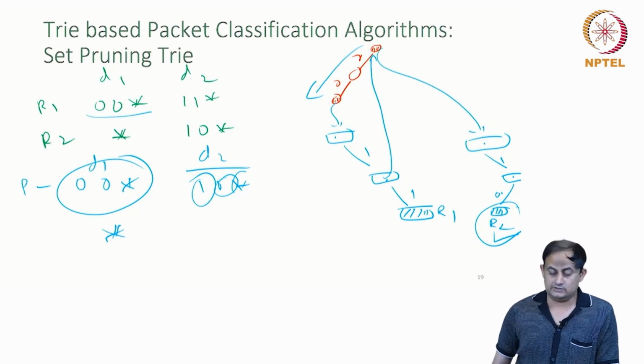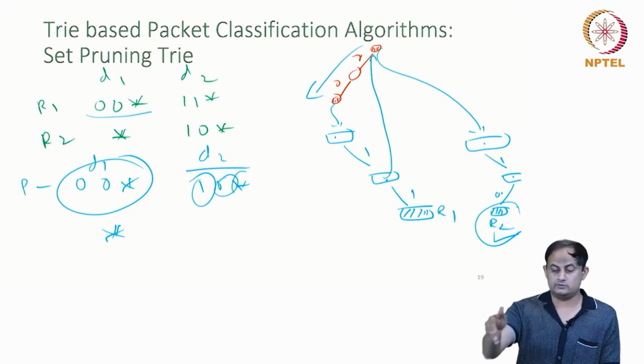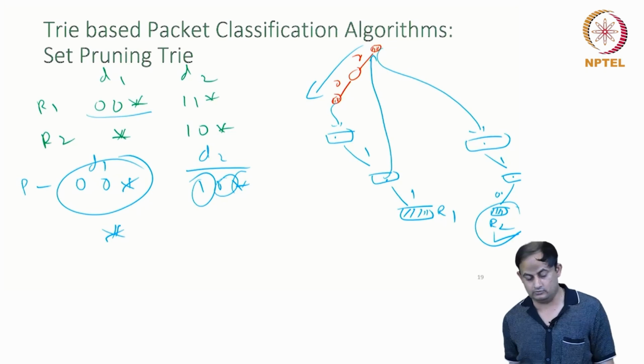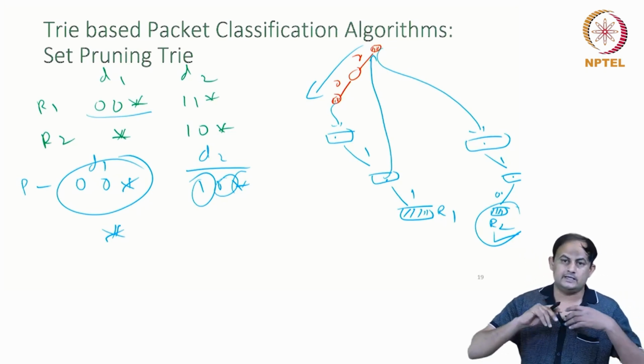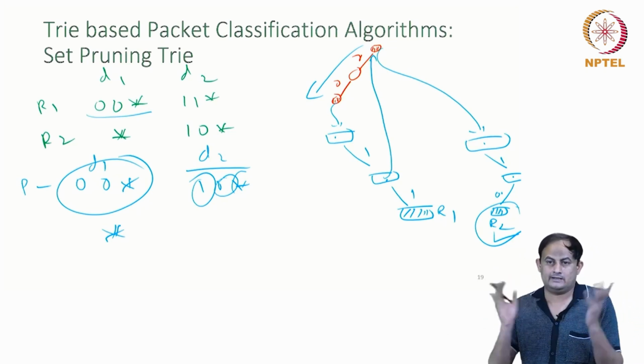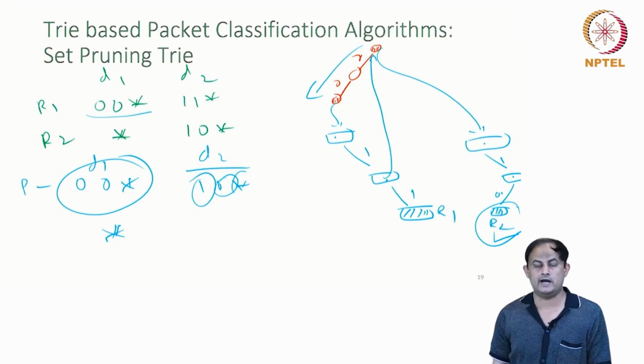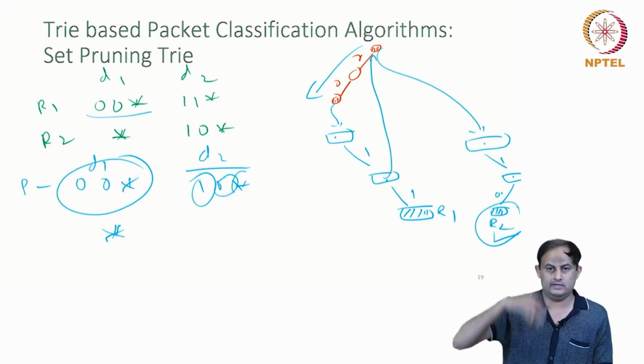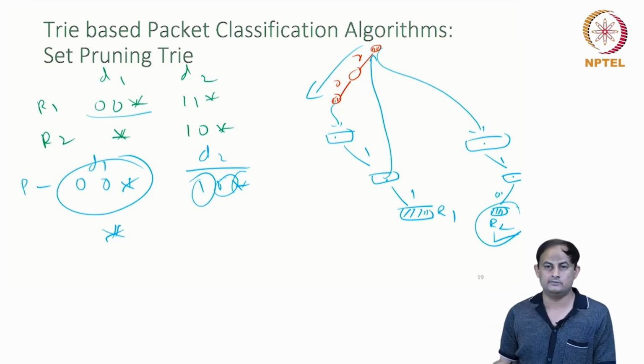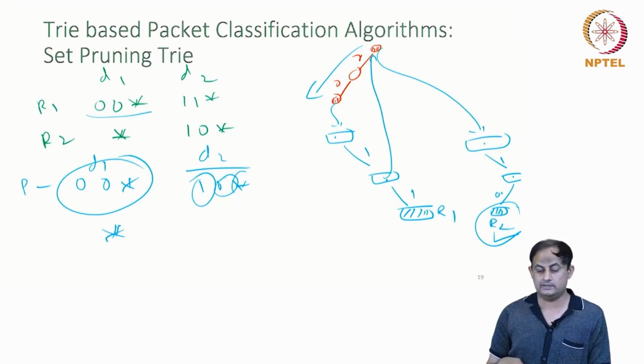Now this requires backtracking all the way from this node to the root node. Let's say I don't want to do the backtracking, which is what adds complexity to my hierarchical tree. That's why the lookup operation at runtime is becoming expensive.